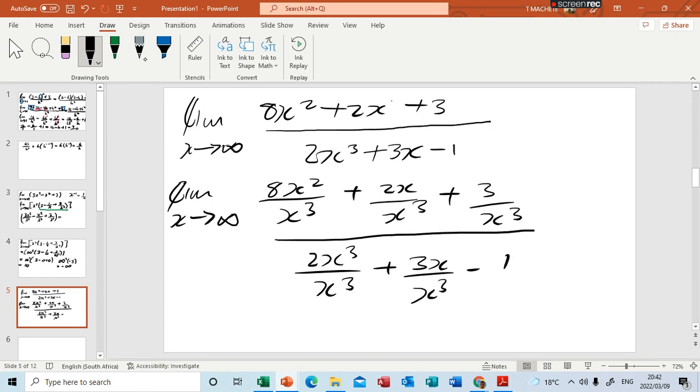I'm doing this because some of you guys were confused. You see, I divided everything by the highest power. That's what you do. Instead of factoring out, I see that the factoring out story confuses most people, so the best thing I could do is to divide everything.